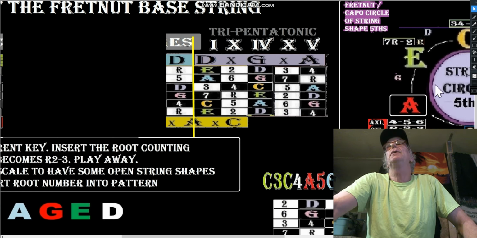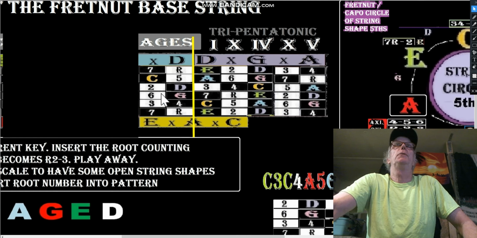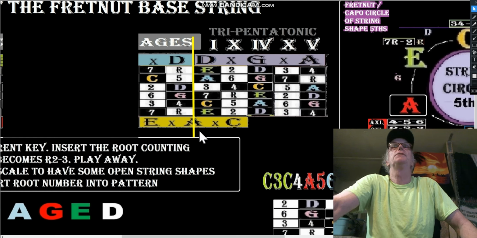Okay, so let's put that fret nut back there, and we'll just use it in case we want to go on the fly with the short patterns. So we'd simply replace the 6 with root, okay, in that case.